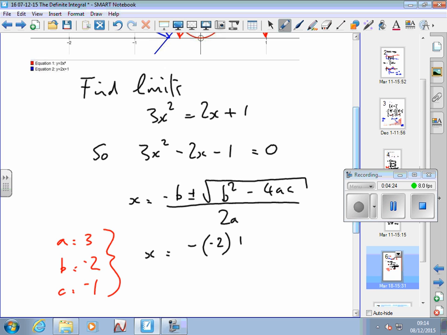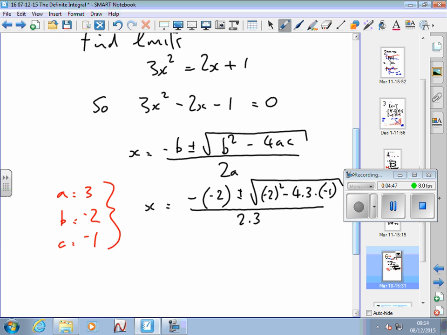Minus 2, plus or minus the square root of b squared, minus 2 squared, minus 4 times a, which is 3, times c, which is minus 1, over 2 times a, which is 3. I'd certainly be tempted to do that sort of thing to make sure I didn't make any mistakes.